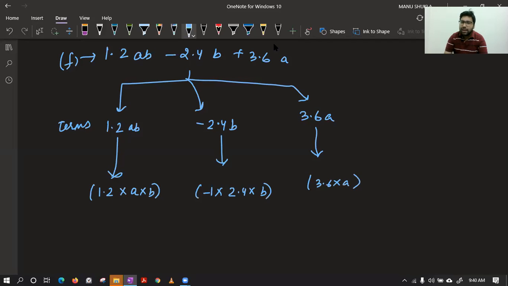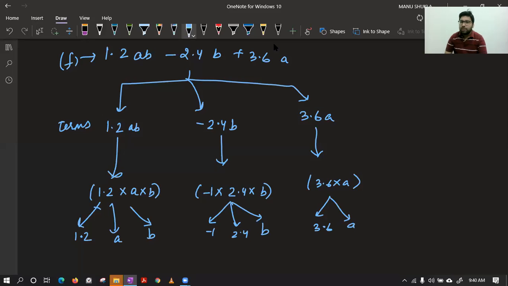So normally, as per the book, you will write the factors as 1.2, a and b. Then you will write minus 1, 2.4 and b. Then you will write 3.6 and a. So class, are you able to understand how we are writing the factors?